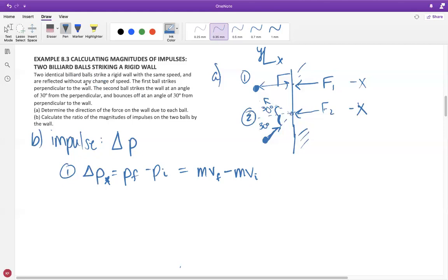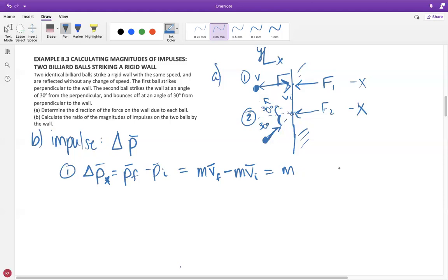Now, reading a bit closer, our speeds don't change, but our velocity direction will. Okay, so remember that these are vectors. Should put that on there. Okay, so our initial velocity is going to be the same in magnitude as our final velocity, but they are changing in direction. Okay, so the first one, it's going in a positive X direction, right? So that's V initial.